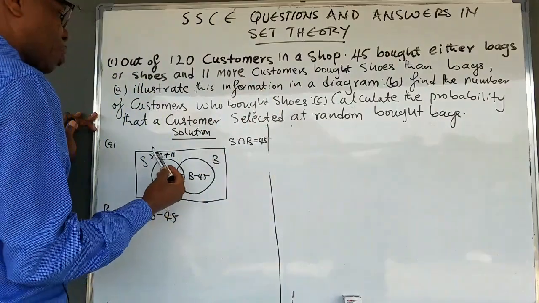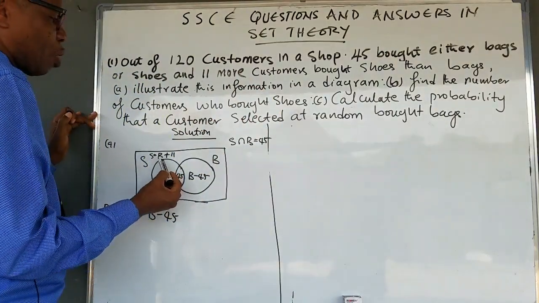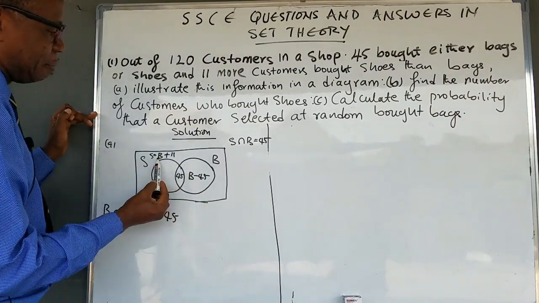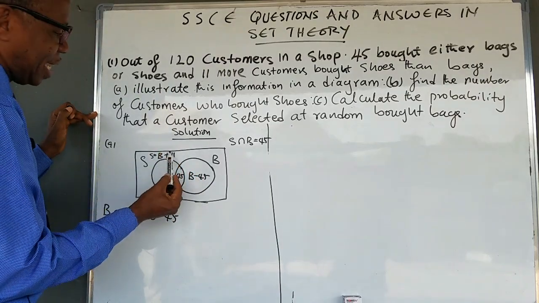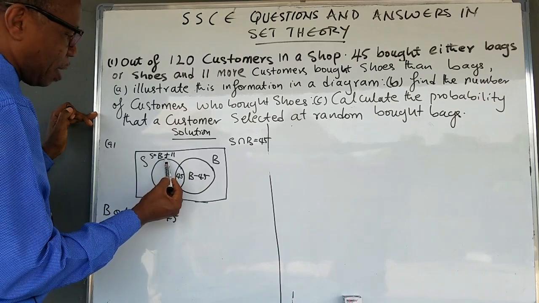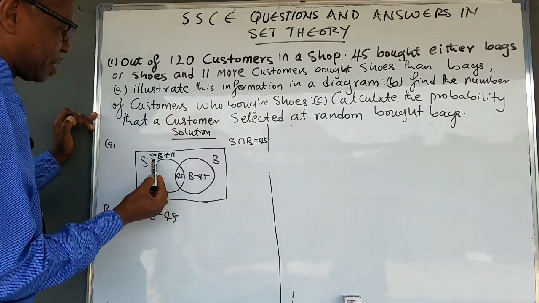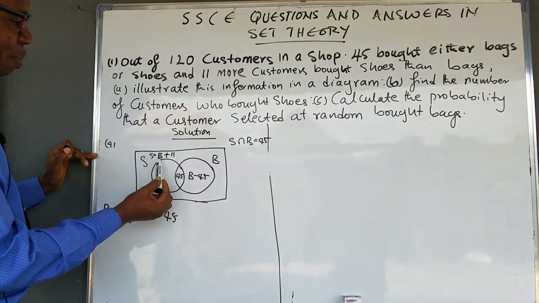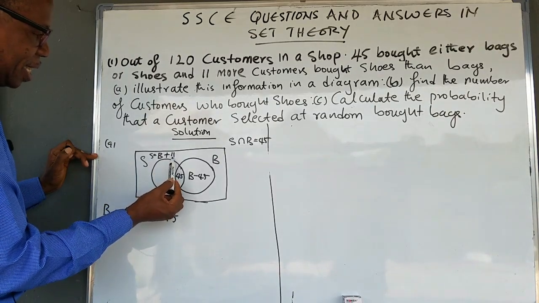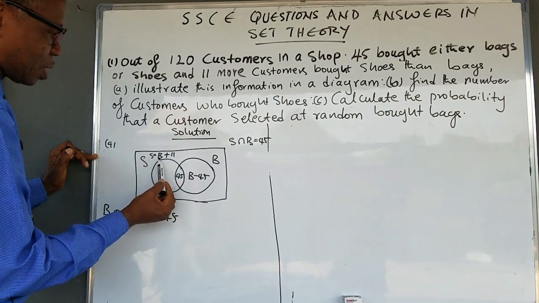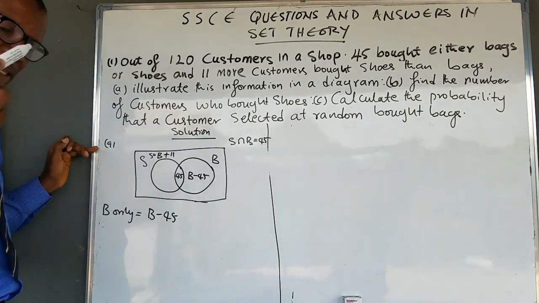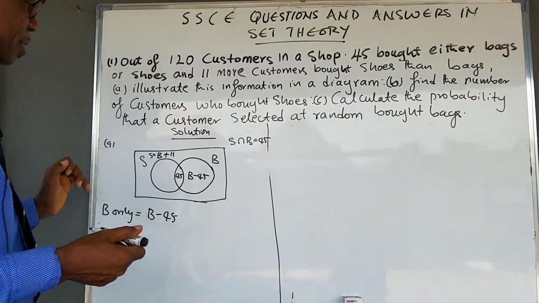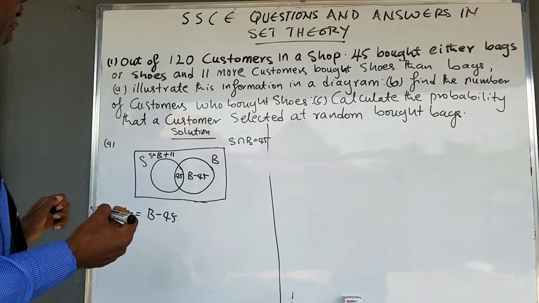So those that bought shoes is those that bought bag plus an extra 11 persons, making it B plus 11. So we have X here equal to B plus 11. This information will go a long way to help us in solving the other questions.